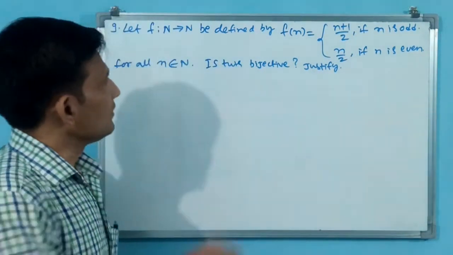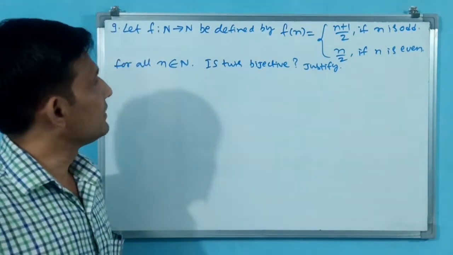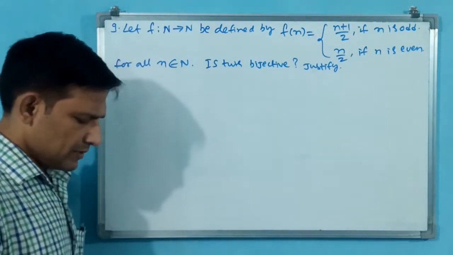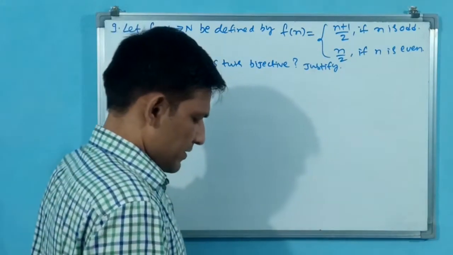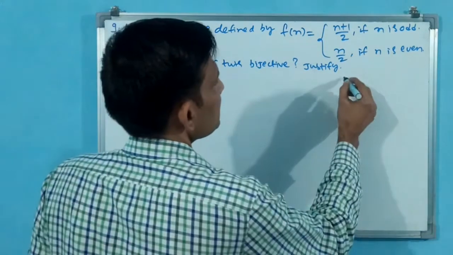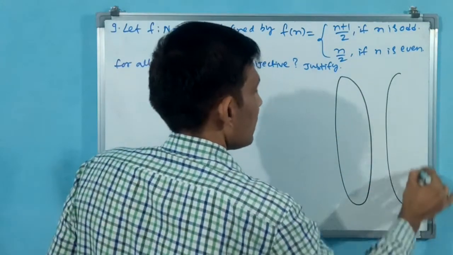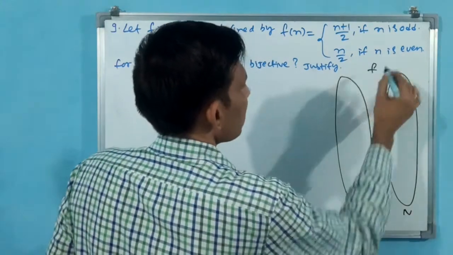Now we have to see whether this is bijective or not. Let us draw an arrow diagram with N and N, and we will do the function also here. Both are N, f.